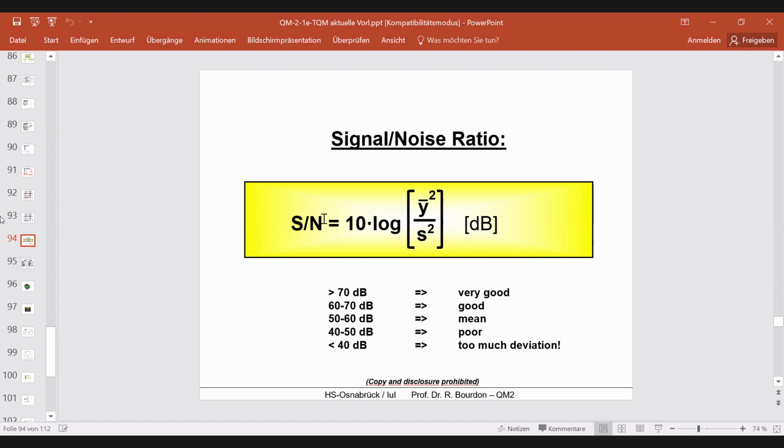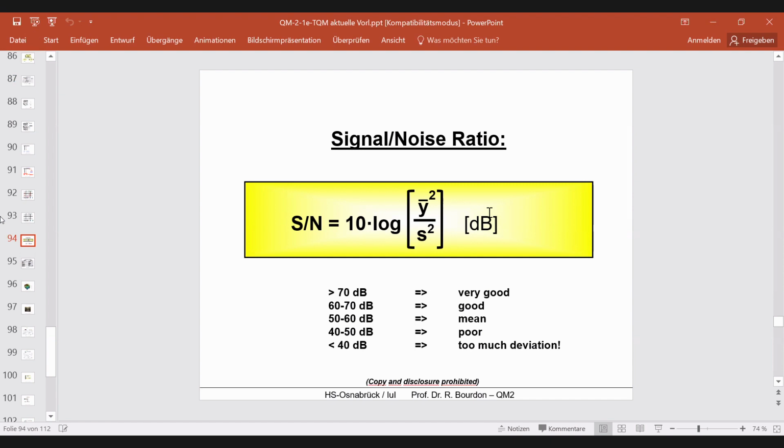And this signal to noise ratio is a value for the robustness. So the signal to noise ratio is for optimization of the robustness, and you can see in the analysis which parameters are important for the robustness and which parameters are not so important for the robustness.